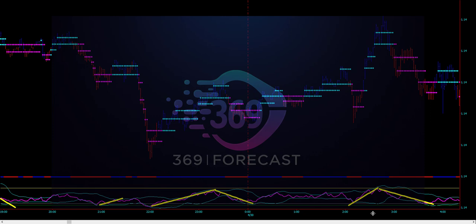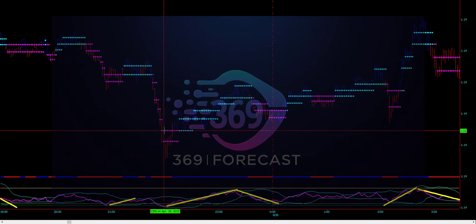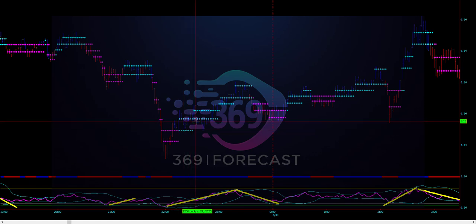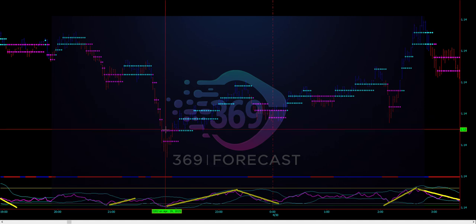These dotted lines will print. Now, this is saying Heikin-Ashi here is bullish, blue is bullish. These pinkish or reddish dots are bearish.